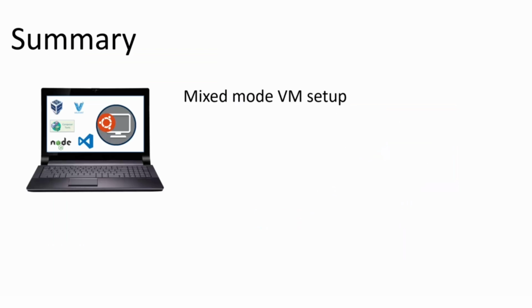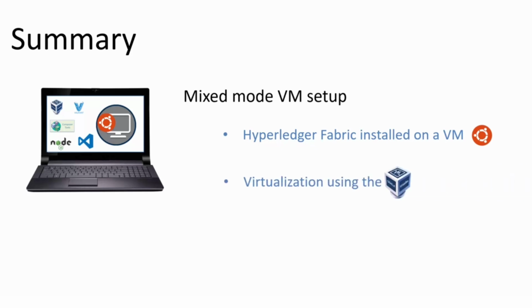Let's summarize. In this lecture, I described the virtual machine based setup that I refer to as the mixed mode virtual machine setup. In this setup, we will have the Hyperledger Fabric installed on a virtual machine that will be set up with the Ubuntu OS. For virtualization, we will use the hypervisor Oracle VirtualBox, and to create and manage the virtual machines, we will use the open source tool Vagrant.